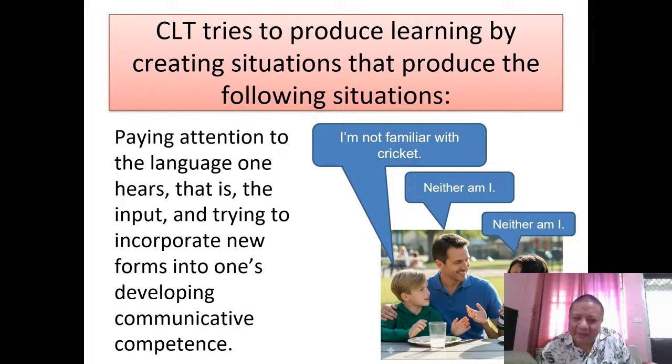And the dad said, neither am I. And the Filipino participant used the same phrase, neither am I.